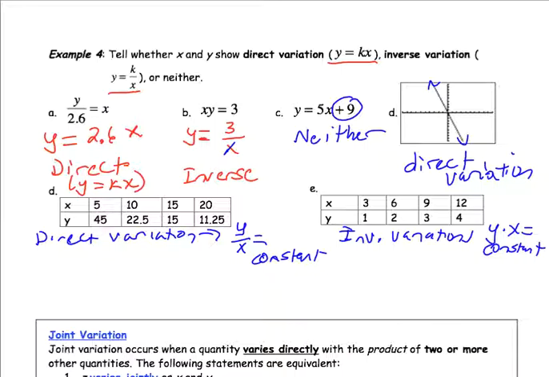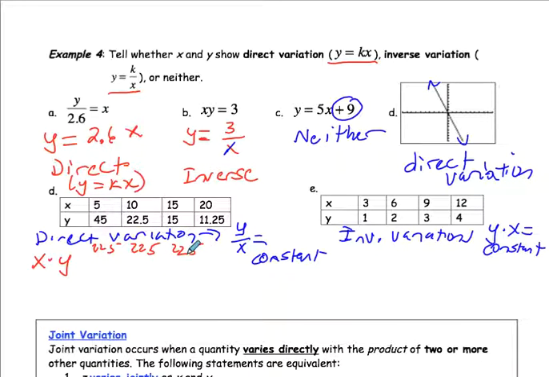Let's check inverse. So I'm actually going to check x times y for each of these. So x times y here, 45 times 5 is 225. X times y, 10 times 22.5 is 225. 15 times 15 is 225.